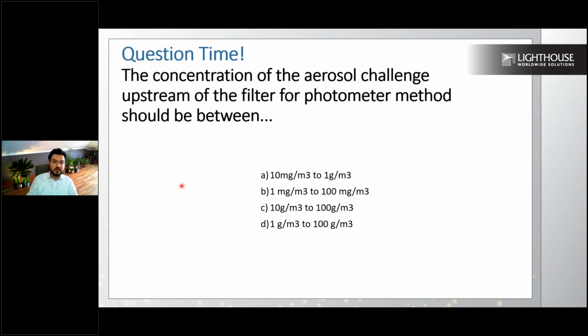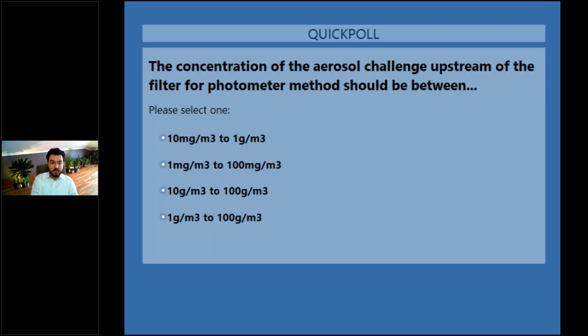Now we have a question. The concentration of aerosol challenge for the upstream of the filtration, with your photometer method, should be between 10 milligram to 1 gram per meter cube, or 1 milligram to 100 milligram per meter cube, 10 gram to 100 gram per meter cube, or 1 gram to 100 gram per meter cube.